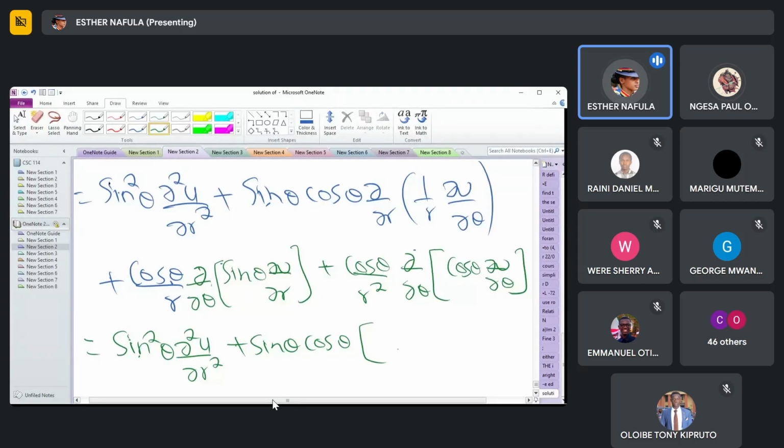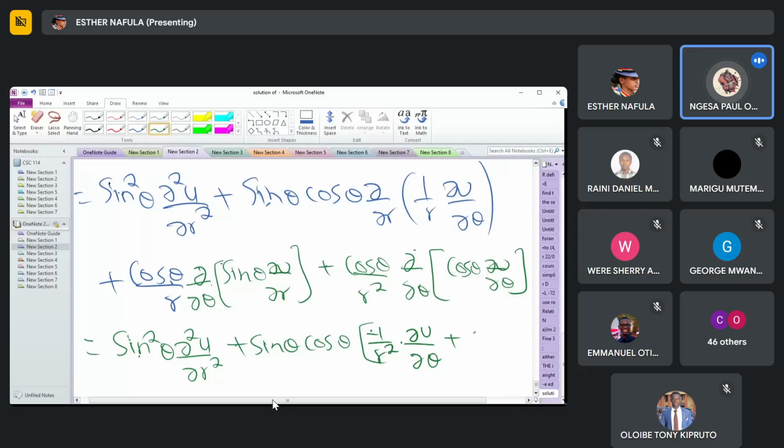The derivative of 1 over r is not 1 over r. Okay, the derivative of 1 over r is negative 1 over r squared. Yeah, that's correct. Partial u, partial theta, plus. Okay, yeah, minus.